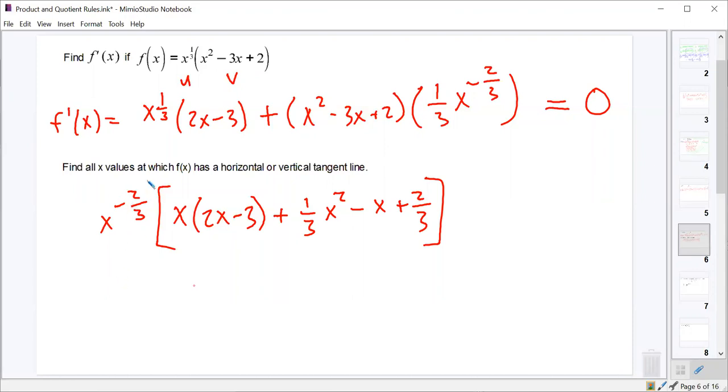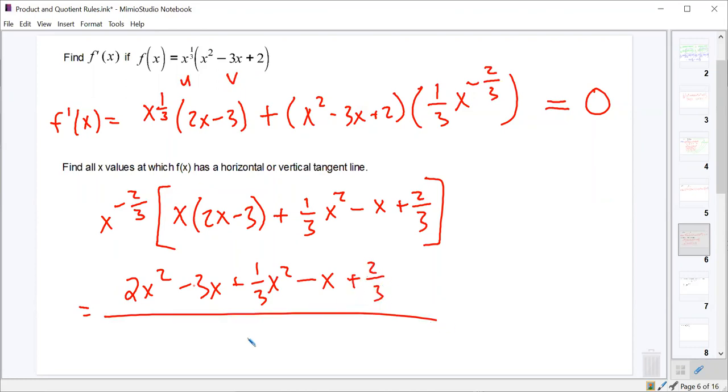And what can we do with an x to the negative 2/3? It can drop down to the denominator, right? So we're going to have 2x squared minus 3x plus 1/3 x squared minus x plus 2/3 all over x to the 2/3. And having these like 1/3 in here is probably not super convenient, or the 2/3.